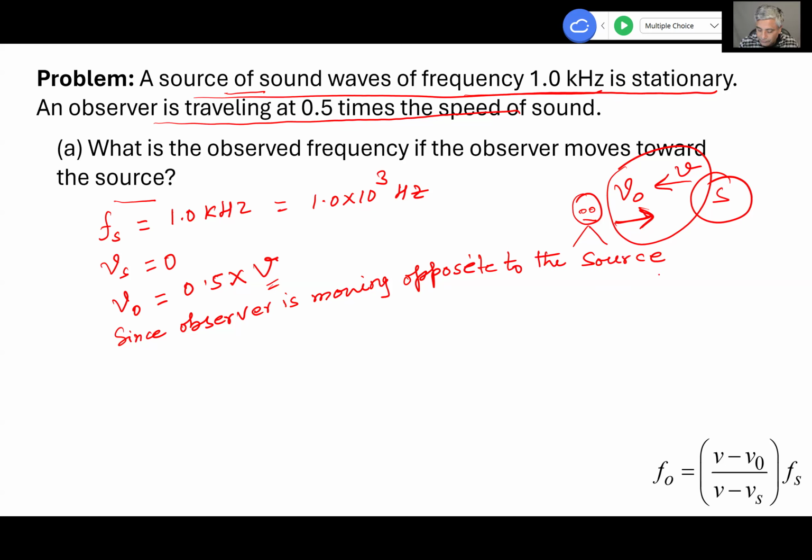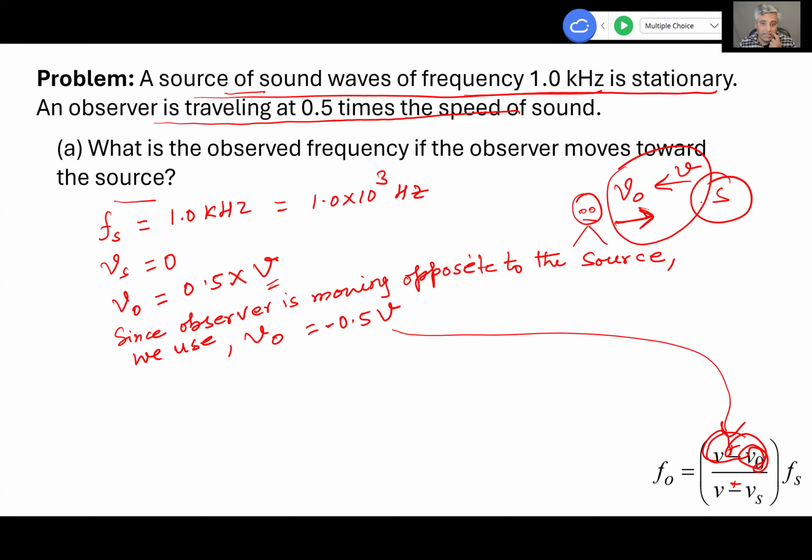For the observer, we use V0 as negative 0.5 V. Okay, so we're going to put the negative and plug that into this equation. But if you are using this equation, then you pick the one with the positive sign because the relative velocity is larger.